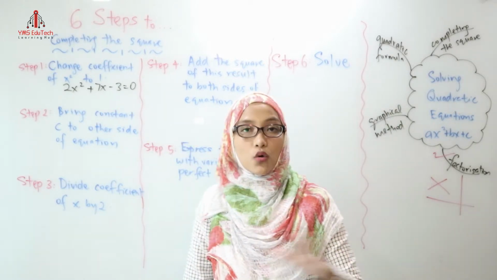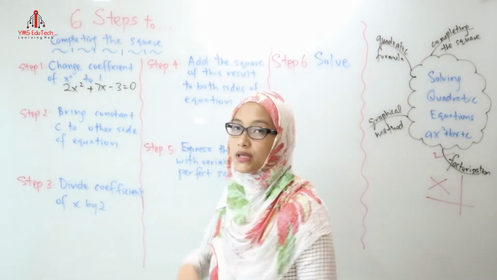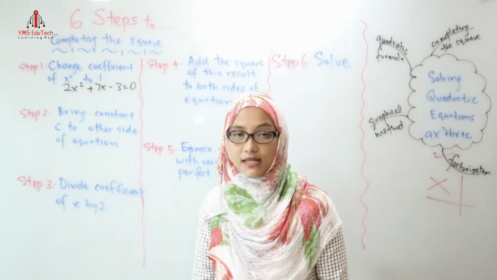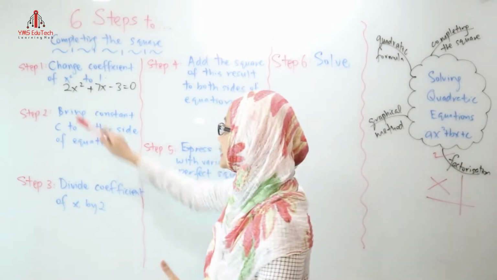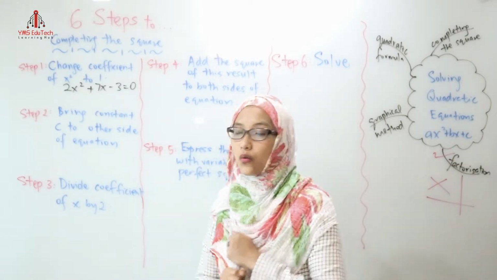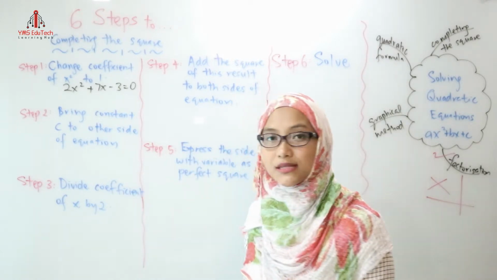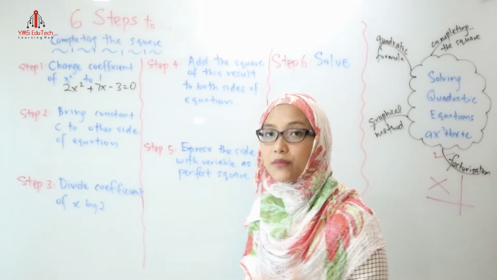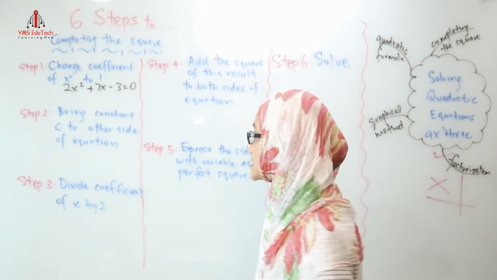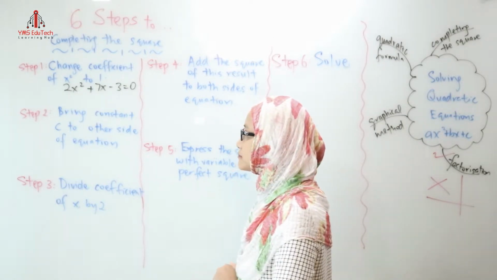The number with no x, or x to the power of 0, we simply call the constant. It's important for you to know these keywords, so that when I go through the steps, or when your teacher talks about them, you are familiar with all those math jargons.